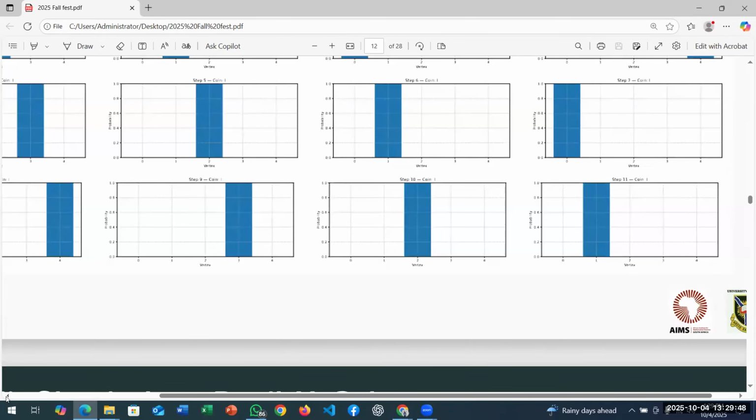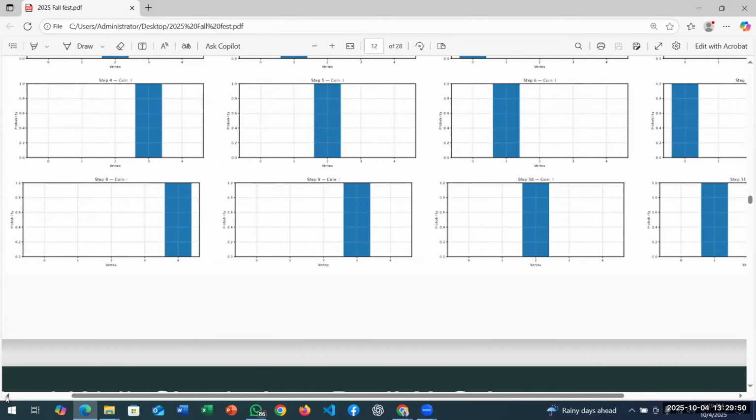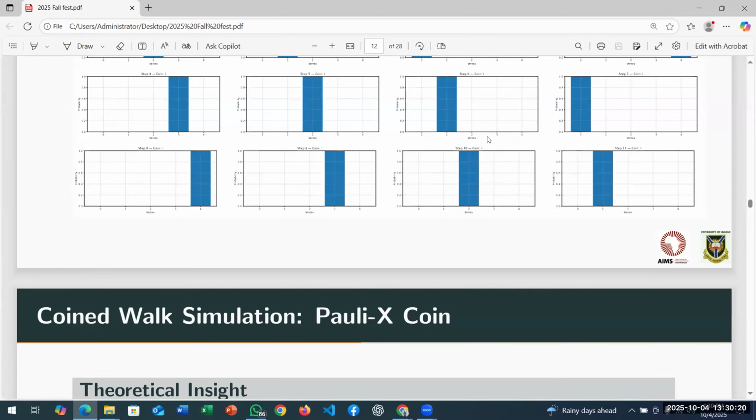Another interesting thing is that it's just going 2, 1, 0, 4, 3, 2, like that. That's just telling us how the identity coin behaved when used as a coin.